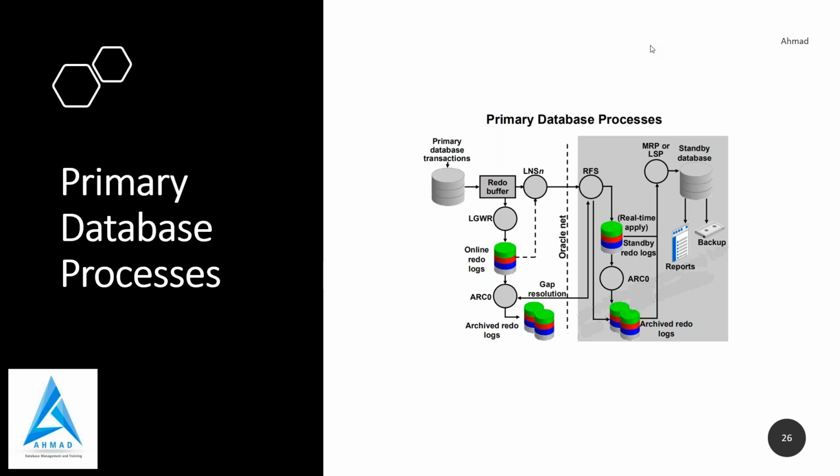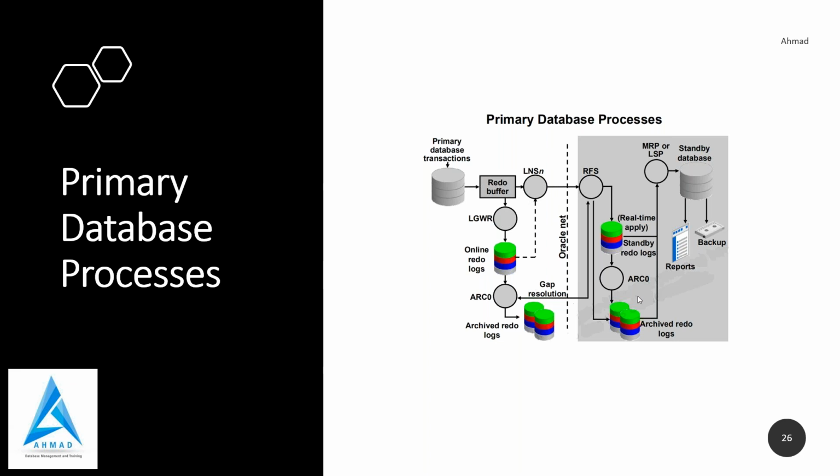And then the LSP process, logical standby. For a logical standby database, LSP controls the application of archive redo log information to the logical standby databases. So these are the four processes involved.